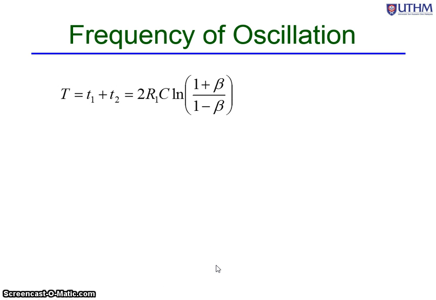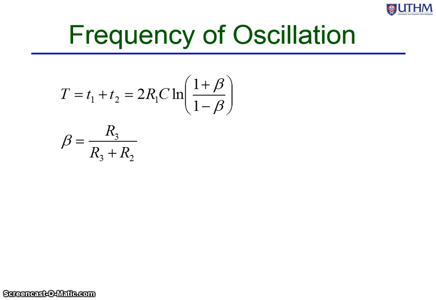So for one cycle or one period, it will be T1 plus T2. Just add up those two, so it will be 2R1C natural log of 1 plus beta over 1 minus beta. That is your time for one cycle.